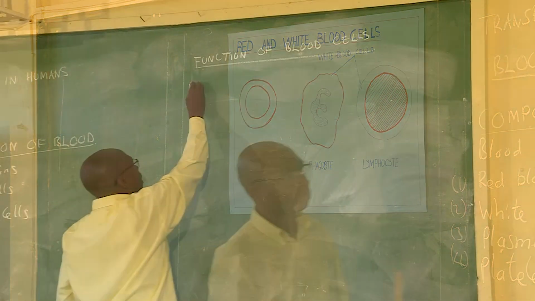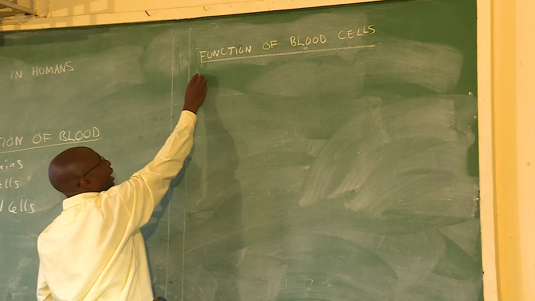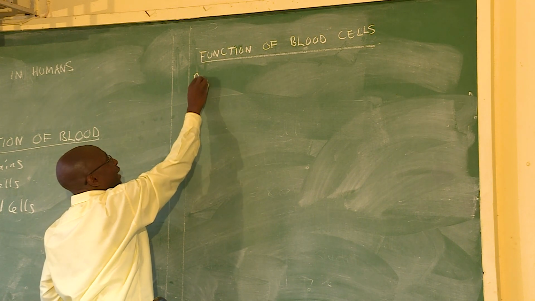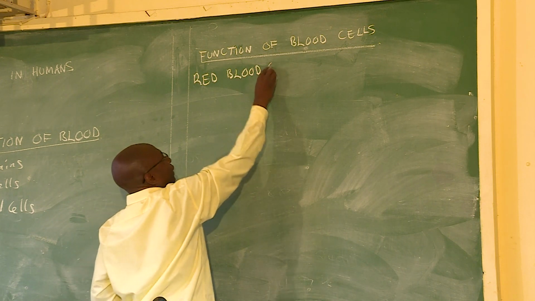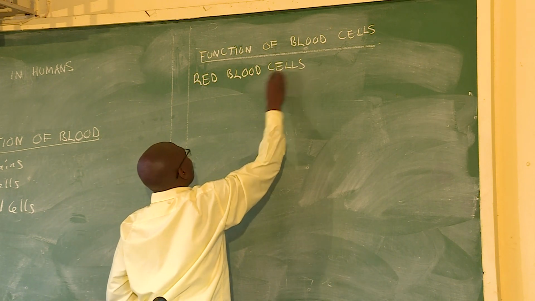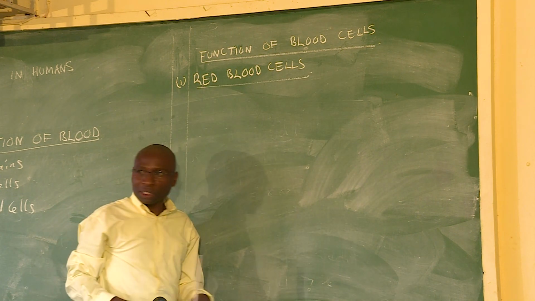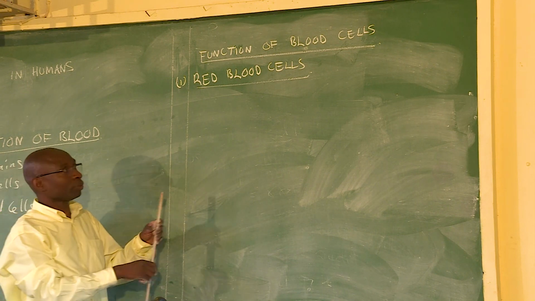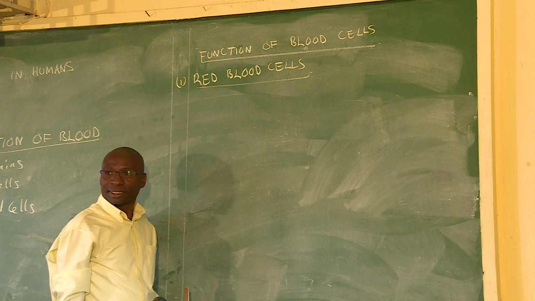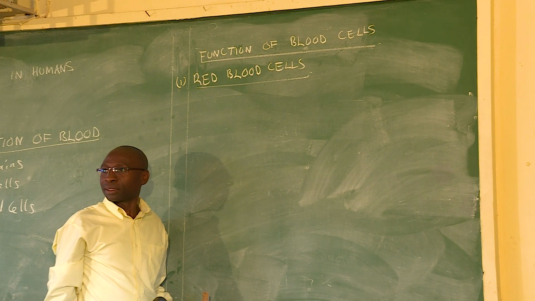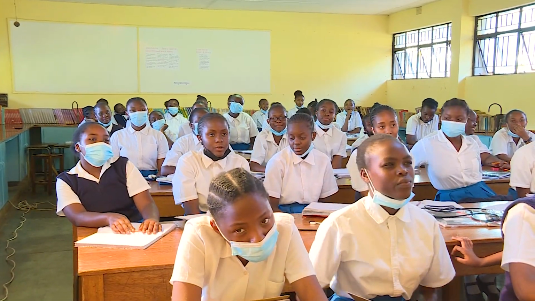Now, from there, we look at the functions. Functions of red blood cells. We start with red blood cells. What is the function of the red blood cell? Yes, Taonga? They help in the transportation of oxygen to the respiring cells.